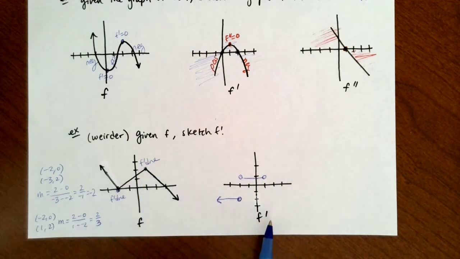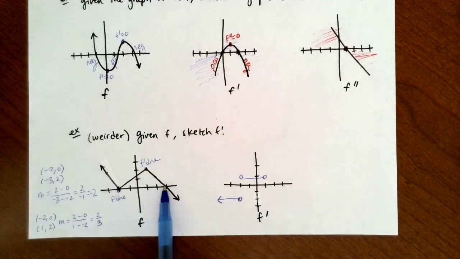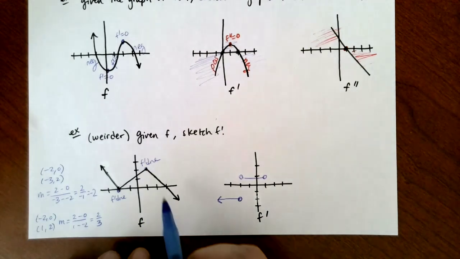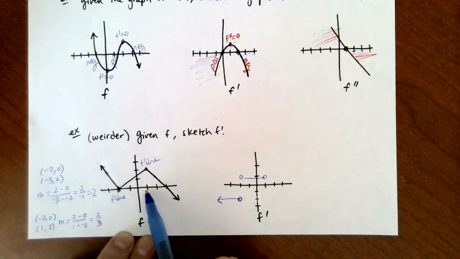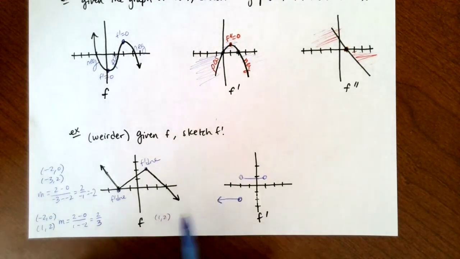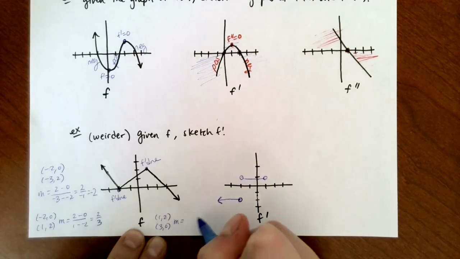And I'll repeat the process one more time. So for this line segment over here, again, it's decreasing. So we expect that we're going to jump down here somewhere, but we can get the exact Y value. So for this line segment, one point on it is 1, 2. Another clear point on it looks like 3, 0. I'll compute the slope.